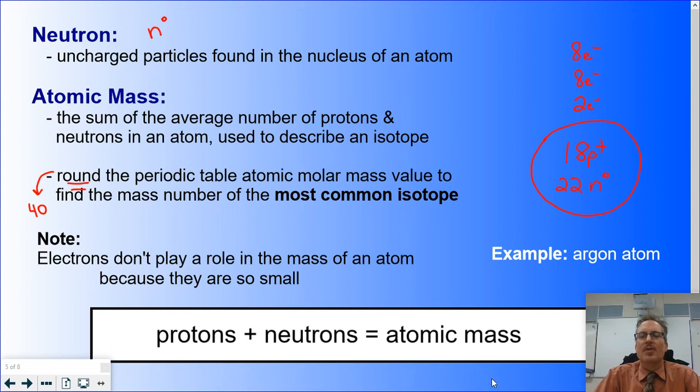How do I figure out the number of neutrons? We'll take your protons and your neutrons, and they need to add together to equal your rounded atomic mass number. And again, I would be content if you wrote in here your rounded atomic mass number. So pretty straightforward.